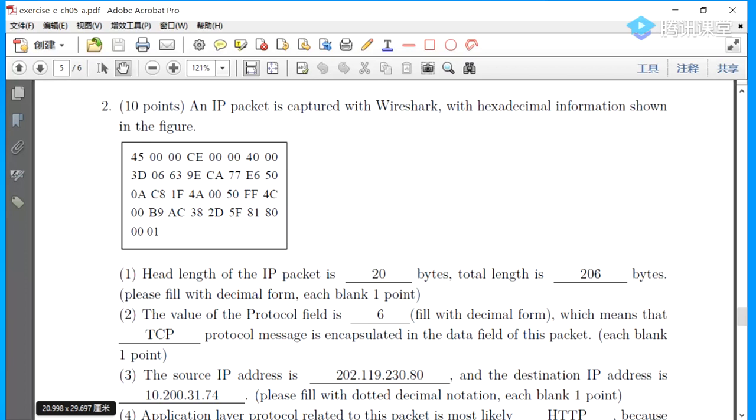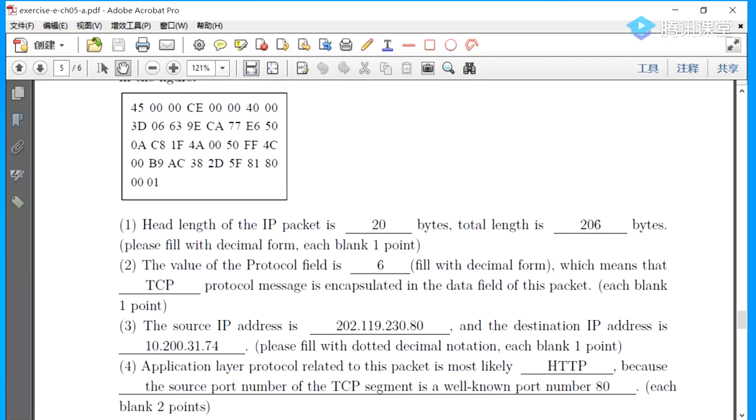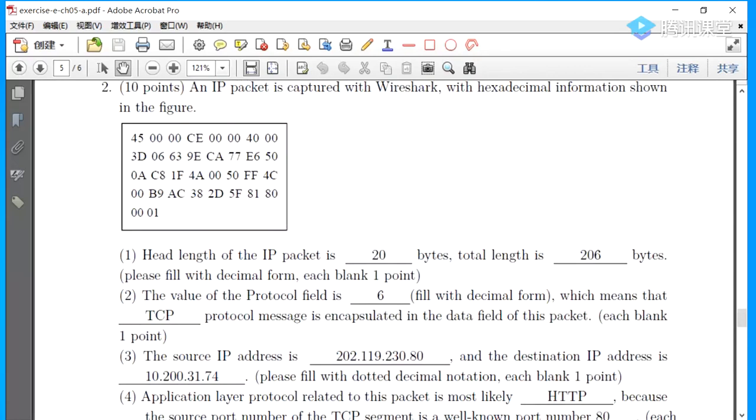Then, question 3. The source IP address is, it's this one. Okay. You can fill this information into the packet format.